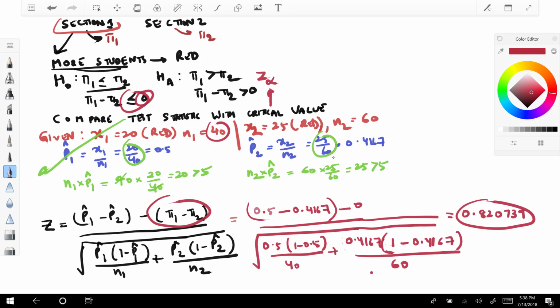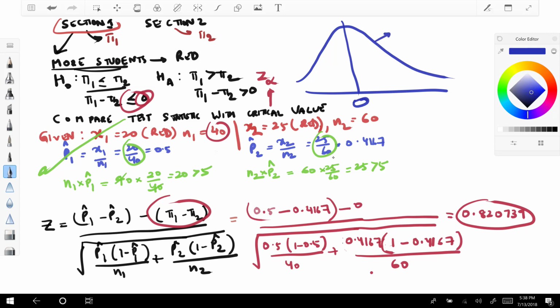We will draw a normal distribution curve representing pi 1 minus pi 2, and the pi 1 minus pi 2 value would be 0 here.